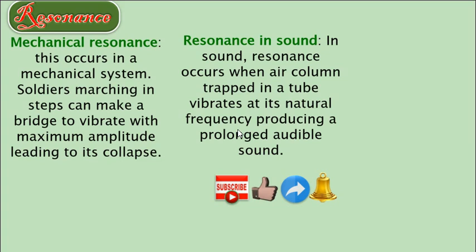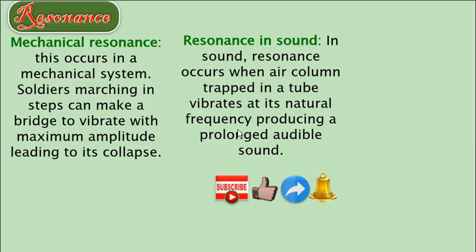So for resonance, remember we have number one, electrical resonance, happening in the tuning circuit of TV and radio sets. Then you have mechanical resonance. An example is soldiers marching across a bridge. For example, if an old car is moving at a very high speed, the engine of the car can force the glass of the door to reach its maximum amplitude and vibrate at its natural frequency, so that the glass will start making noise.